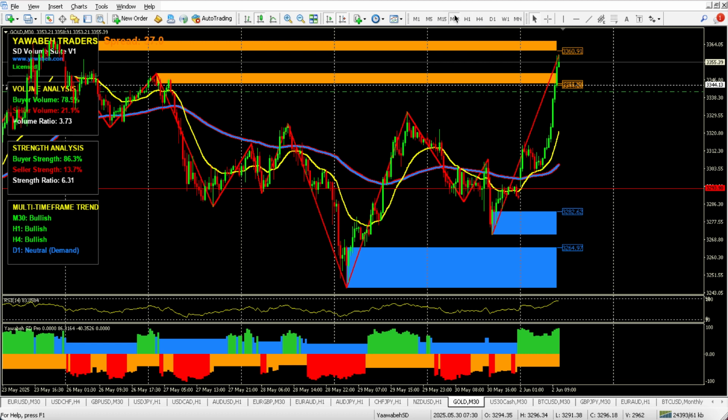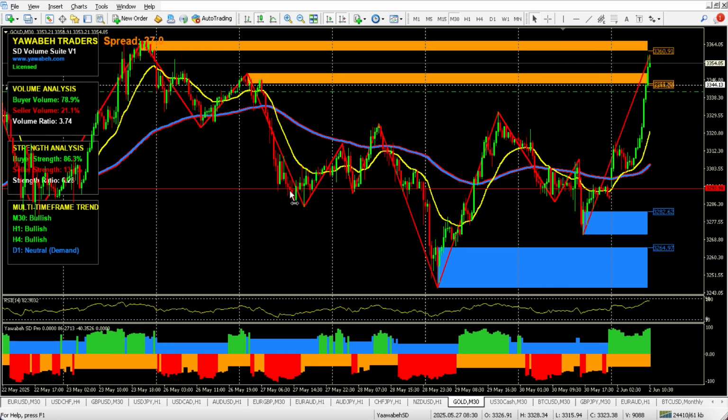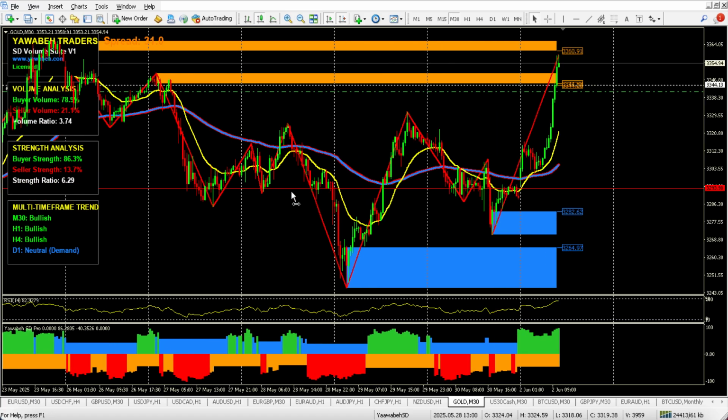If you see the M30 of the gold pair, the market is trending up very aggressively. If we see the Yawabeh SQ volumes here, the buyer side volume is 78% and the strength of the volume is 86%. The multiple trend panel says M30, H1 and H4 suggest a bullish signal, and T1, the daily time frame, says that the gold pair is in the neutral demand area.